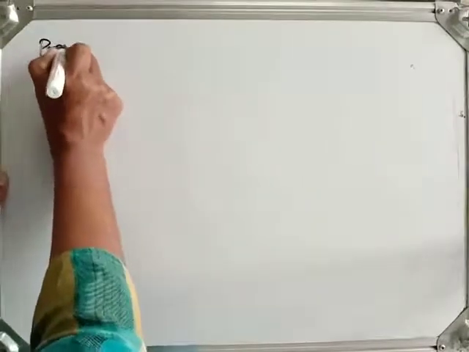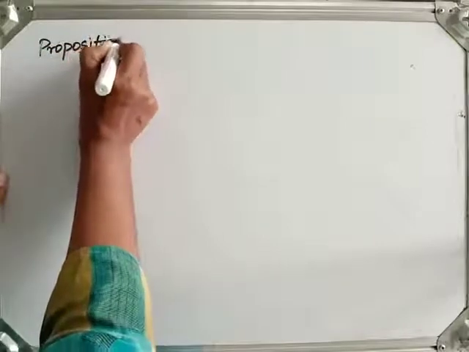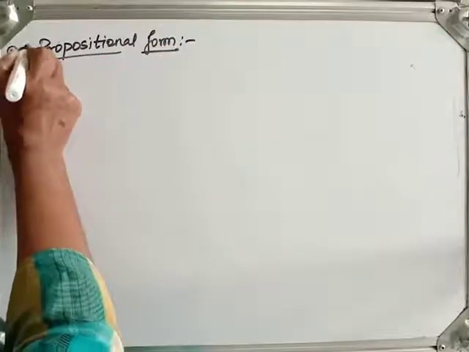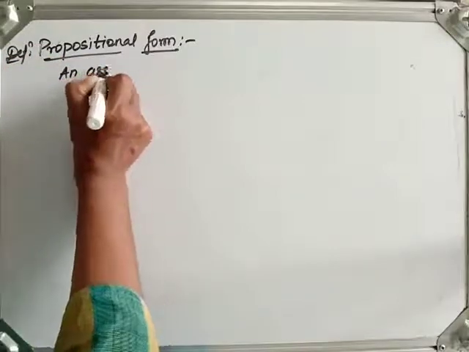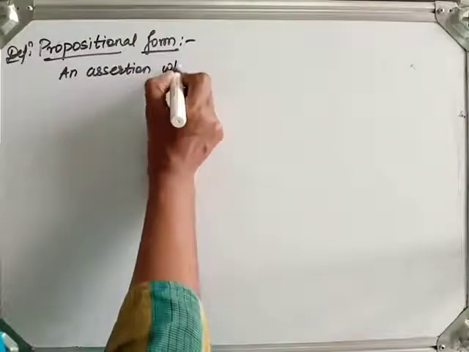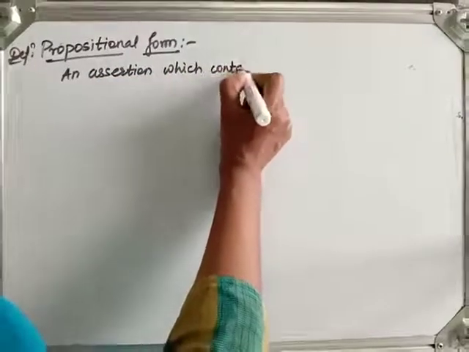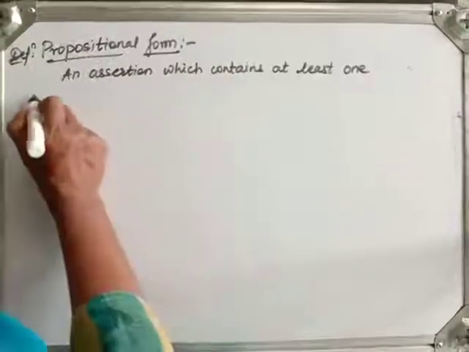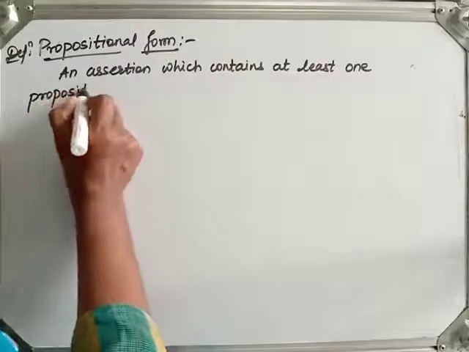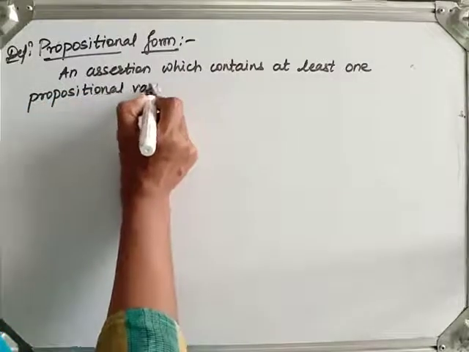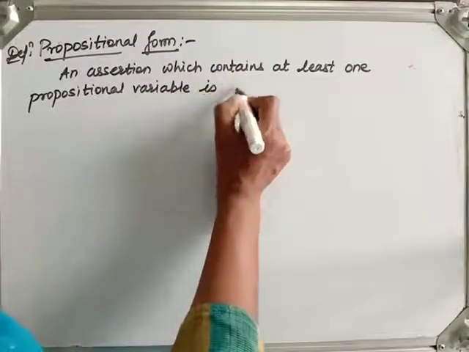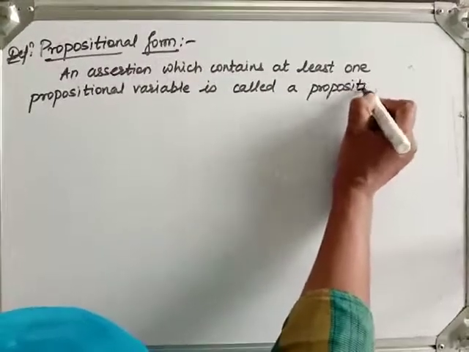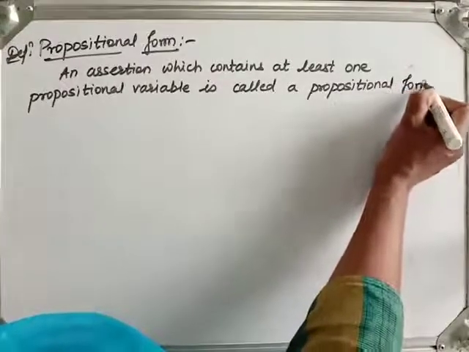So, the definition: an assertion which contains at least one propositional variable is called a propositional form.